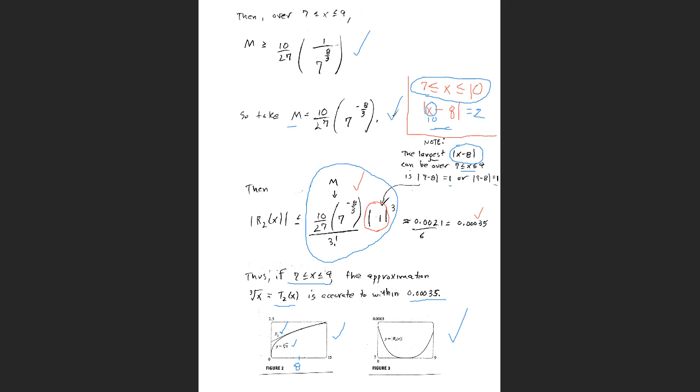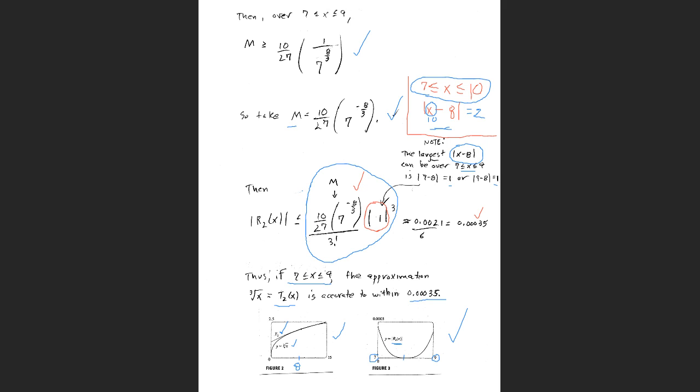And then in figure 3, just a picture of the absolute value of the error is drawn. Oh yeah, look, the interval goes from 7 to 9 here. I'm used to starting at 0, right? The x interval goes from 7 to 9.